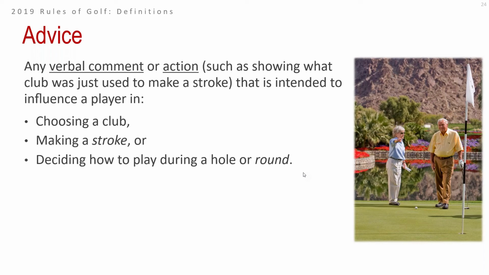But advice, again, if you're asking a person that you're playing with about what club they're using to make a stroke, then we're going to have some issues, or deciding how to play during a hole or a round. That's okay to do with your caddy or a partner, but not anybody else.